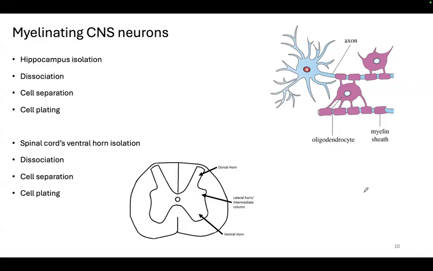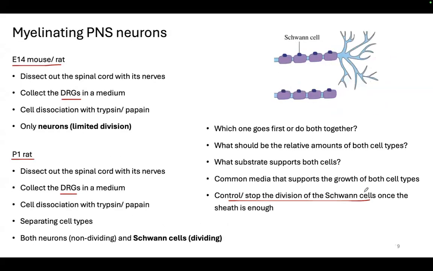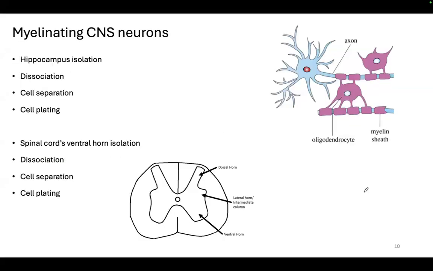Okay. So now when we say we've made these myelinating neurons, one thing that we did not talk about is these gaps. The insulation is not perfect.